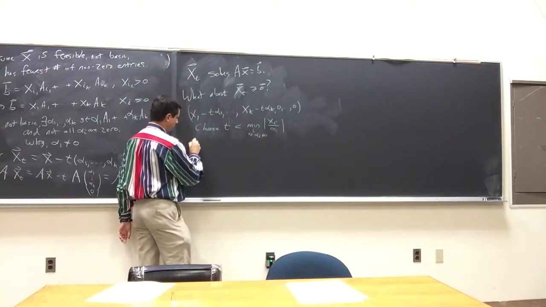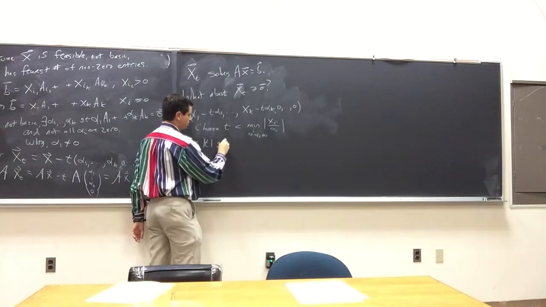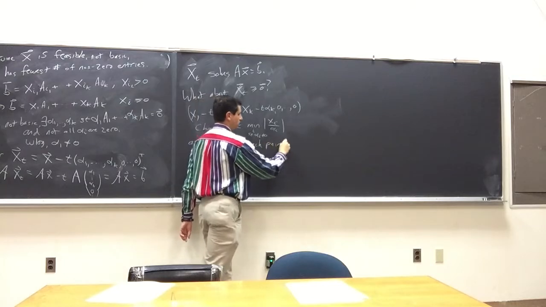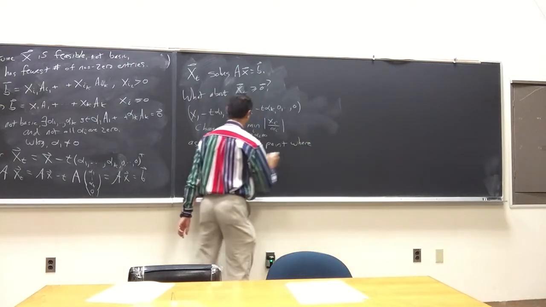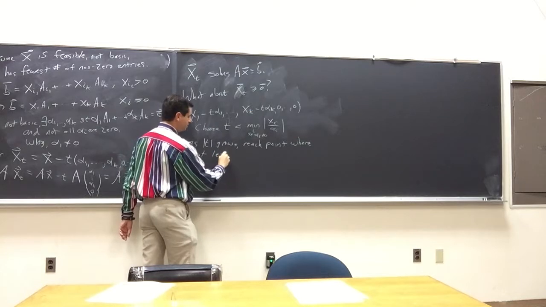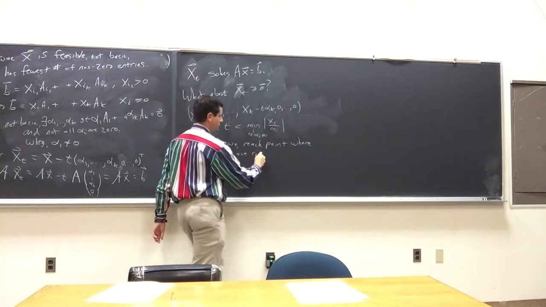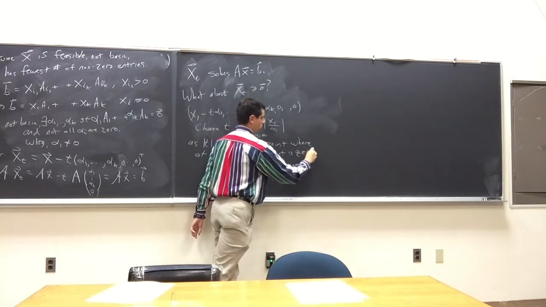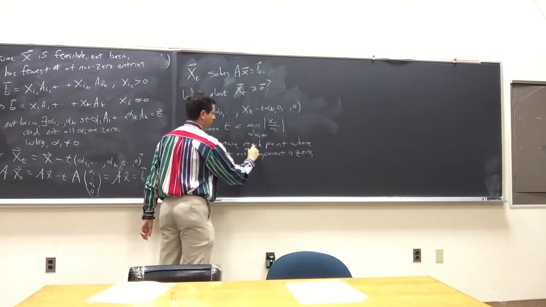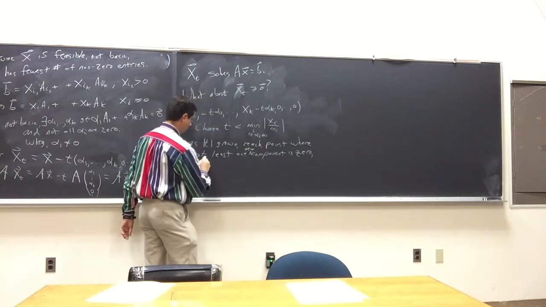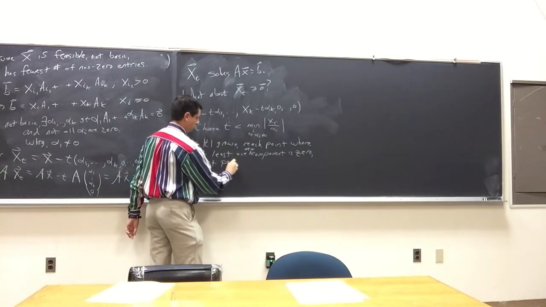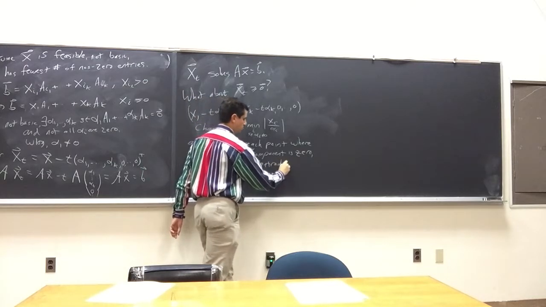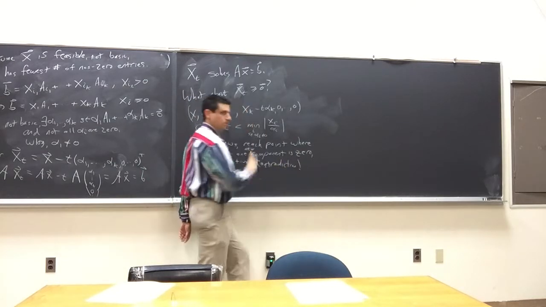So as the absolute value of t grows, we reach a point where at least one new component is 0, and the rest are positive. And that's a contradiction. We're done.